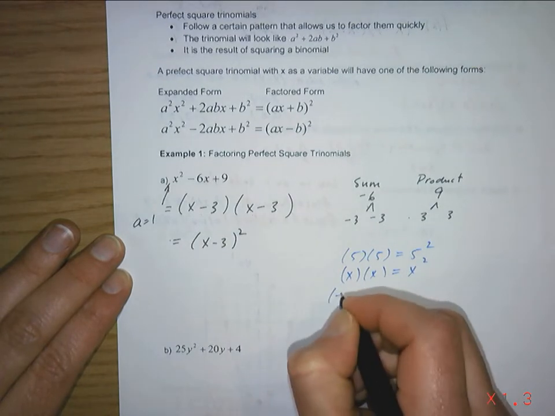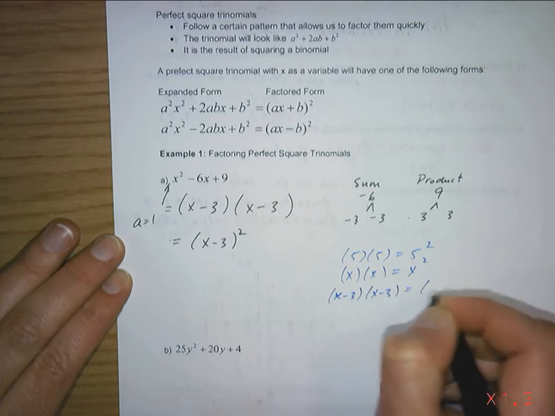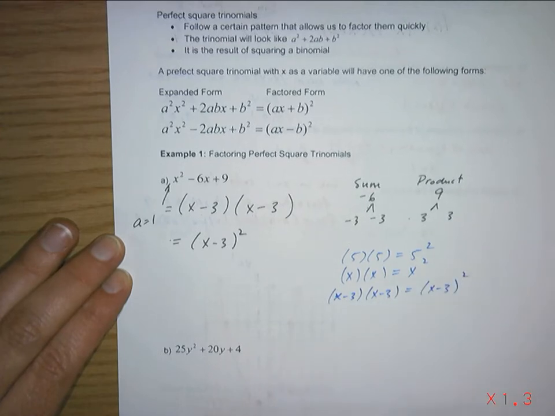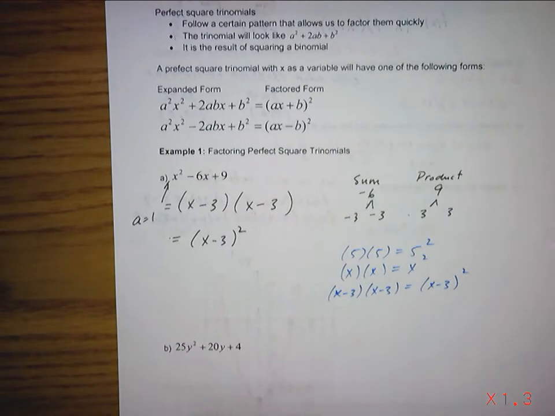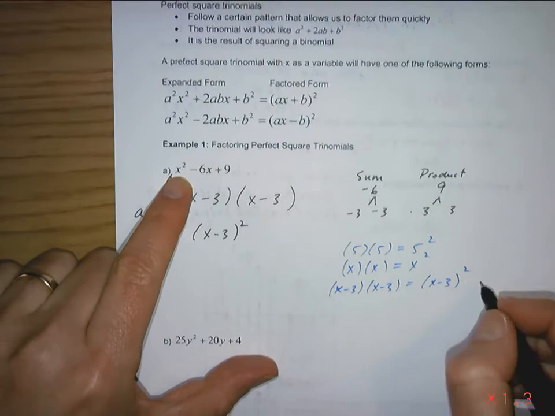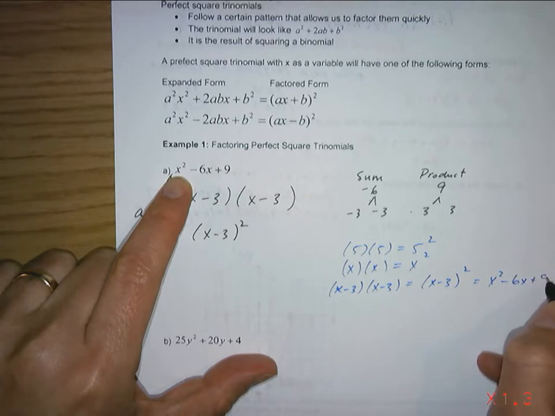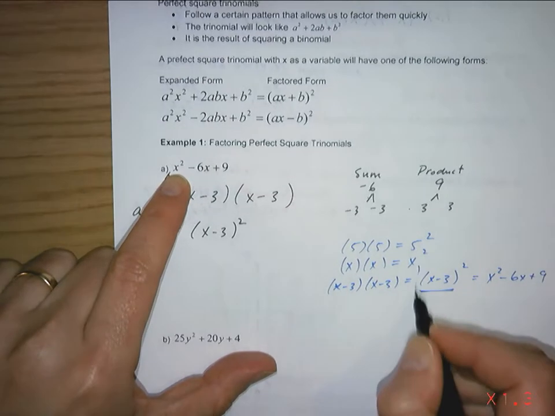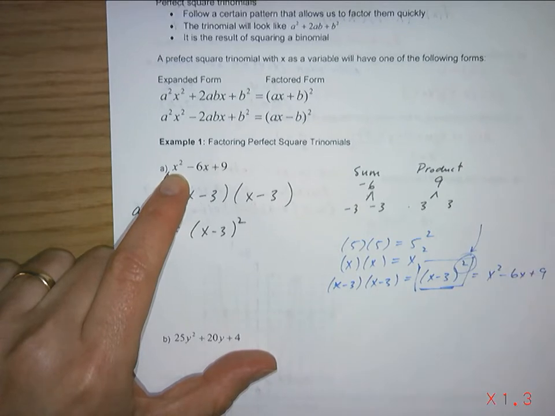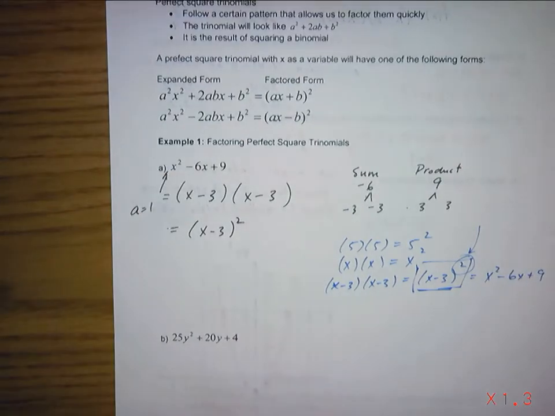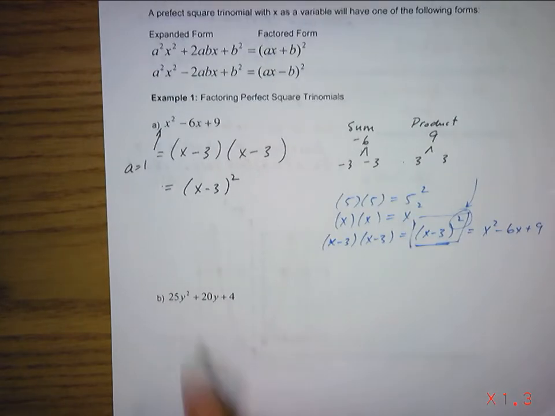Well, what I'm telling you now is I have x minus 3 times x minus 3, and we can write it as x minus 3 squared, which we call a perfect square trinomial. This trinomial is equal to the squared binomial of x minus 3, and we say squared because it's to the exponent 2. That's it.